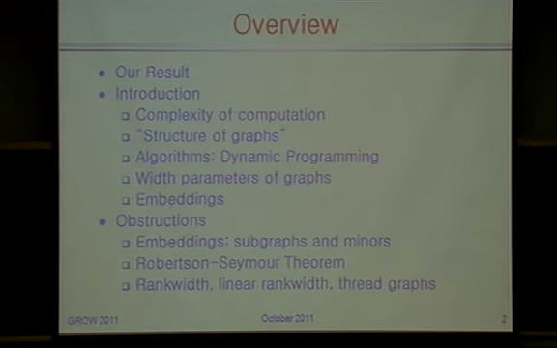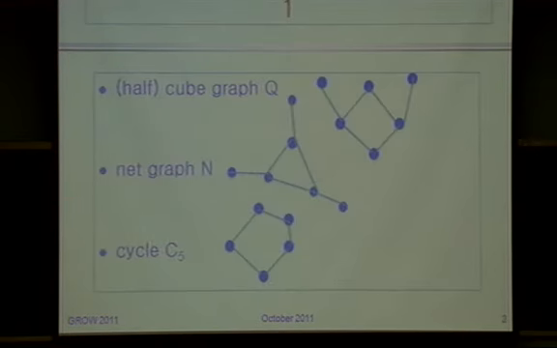And then what the structure of graphs is, in my opinion, and then, of course, just mentioning dynamic programming as dealing with graphs of certain structure, and then I'll tell you a little bit about things that you already know, of course, with parameters of graphs and the embeddings, the vertex minors Zdeněk already told you about, and then I will show you more about this obstruction to linear rank width 1.